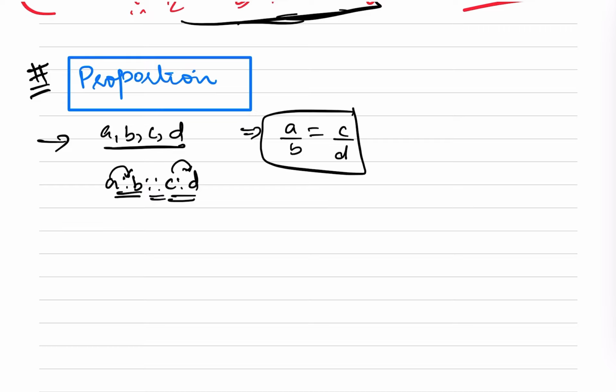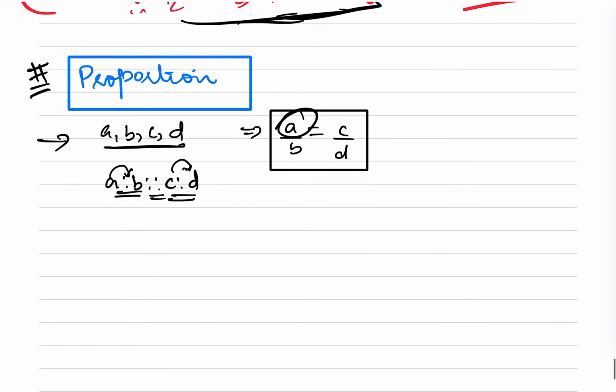Mathematically we express this as a by b equal to c by d, where a and d are called extremes and c, b are called means.